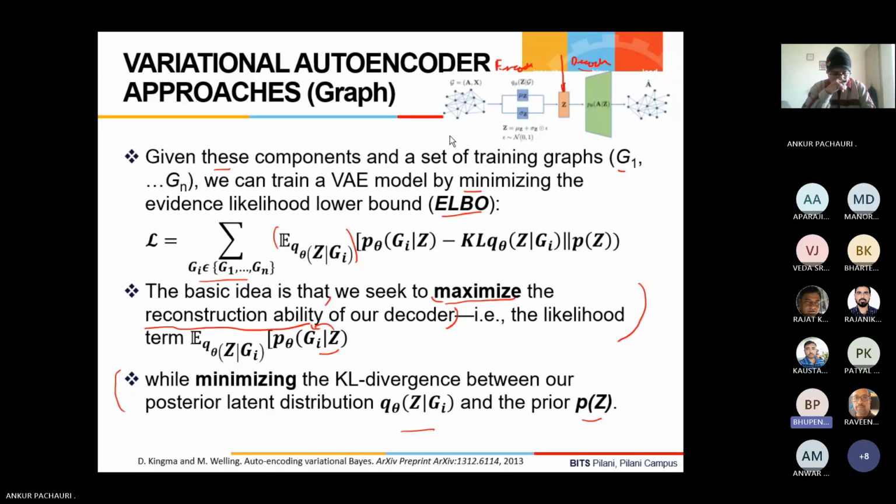One question here. This efficiency of the decoder, the expectation over q theta of Z given Gi, how did we come up with this, and how do we calculate this function?